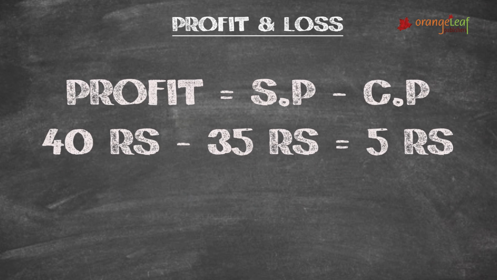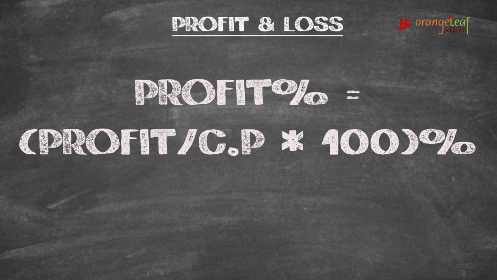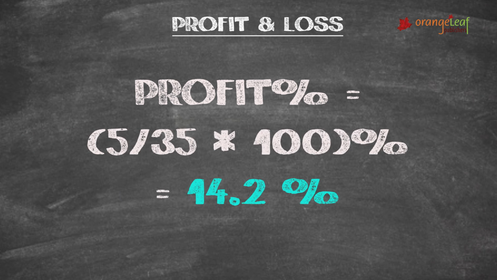Therefore, profit is equal to selling price minus cost price, which is rupees 40 minus rupees 35, which is a 5 rupee profit. Now, profit percentage is profit by cost price into 100 followed by percent, which is 5 divided by 35 into 100, which gives us a profit percentage of 14.2%.